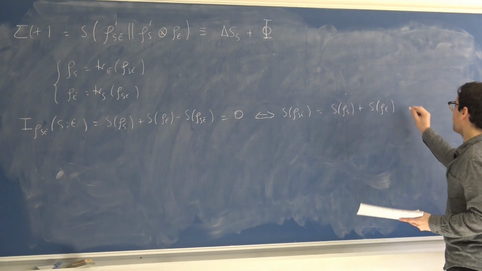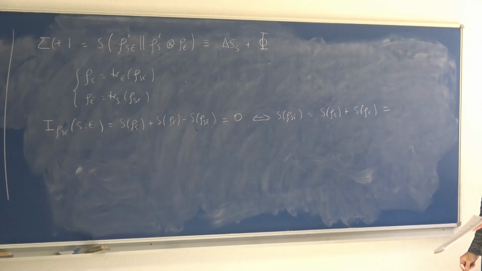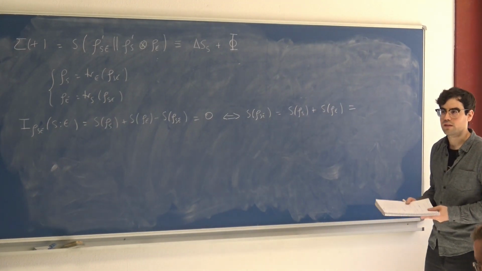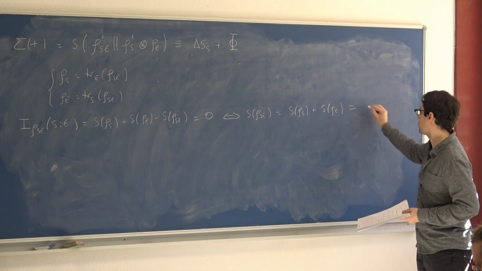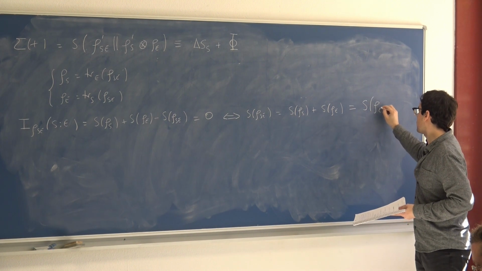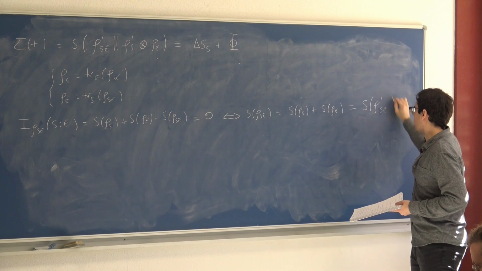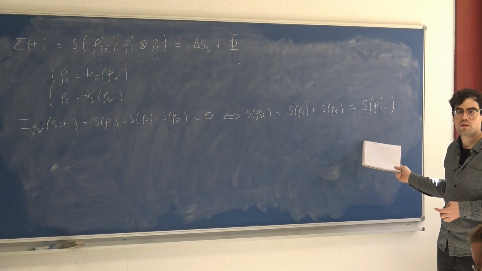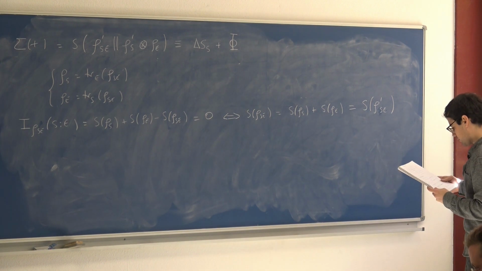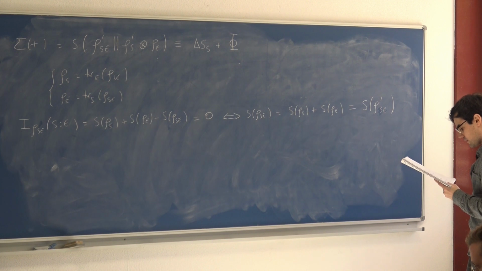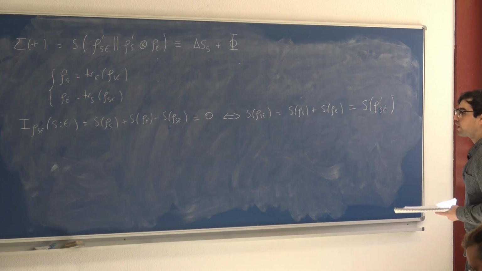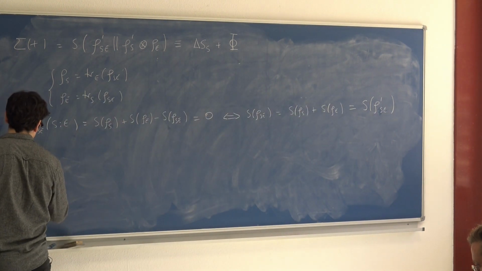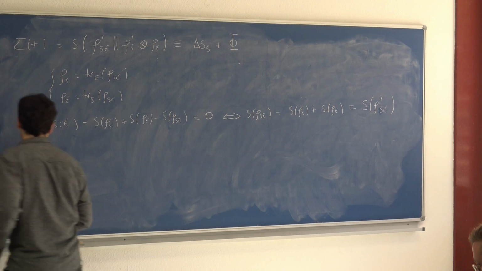But we are having a unitary evolution, and the von Neumann entropy is invariant under these kind of evolutions. So this will be equal to the entropy of the joint state at the final time, right? Okay. With this, let's compute now the mutual information shared for our final state.